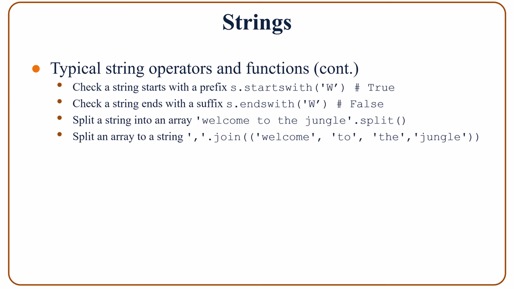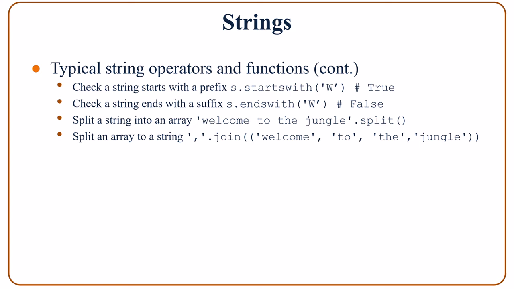Then it would return an array in which each element is a word. Split can take an argument. For example, if we want to split based on comma, then we would put the comma as the argument to split.